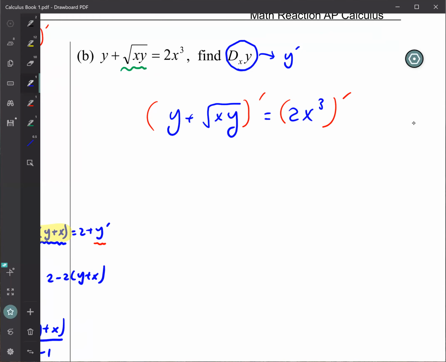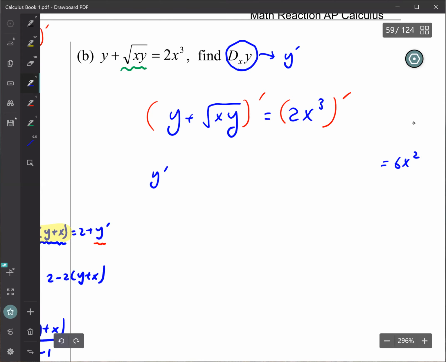Okay, Carrie, can you tell us what you did? So for the right, it would be 6x squared. And for the left, do we apply the addition and subtraction rule to the y? So it would be y prime.